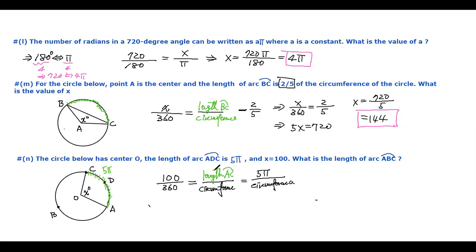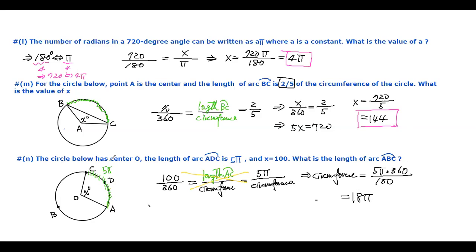If you do a cross product, the whole circumference will be equal to 5 pi times 360 divided by 100. So the whole circumference is 18 pi, right?